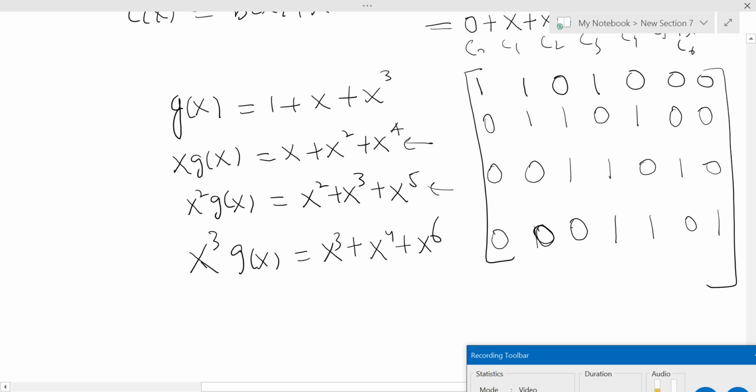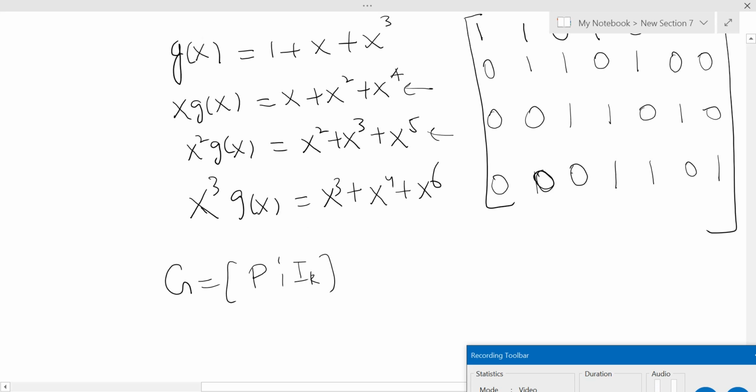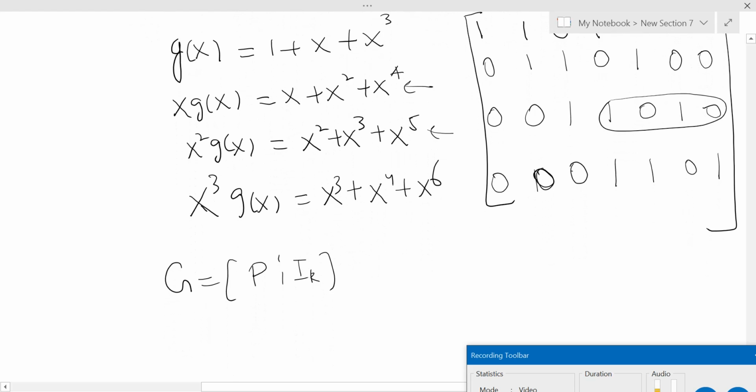But you might be confused that the generator matrix had a structure. The first part was the parity check part, the other was I_K. But here you don't see that, okay? So you just have to do some manipulations, right? Suppose you add the first row to the third row, okay?